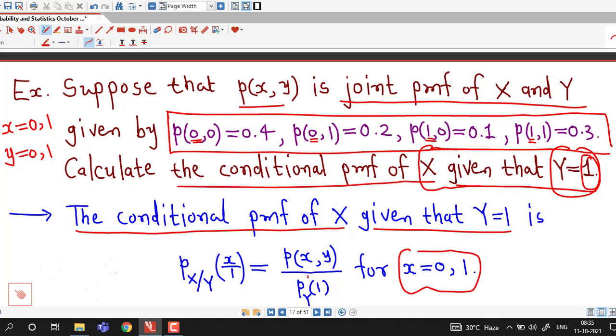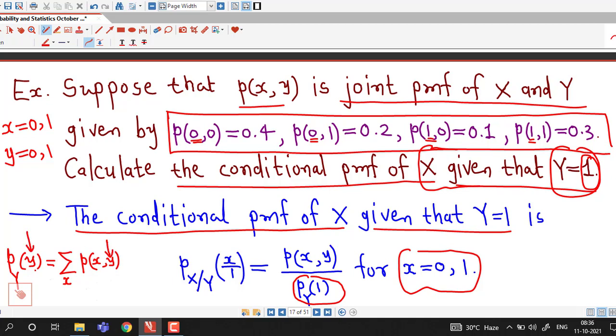So for that we will require the value of the marginal PMF of Y at point 1. Now if you remember, if we are interested in the marginal PMF of an individual random variable, then we consider the summation of the joint PMF over all possible values of X, because Y is fixed here.